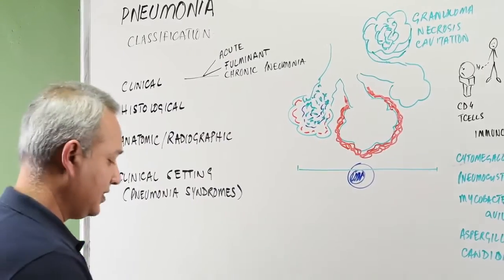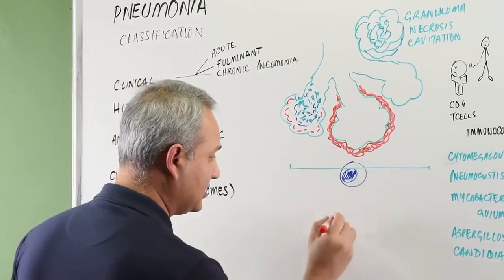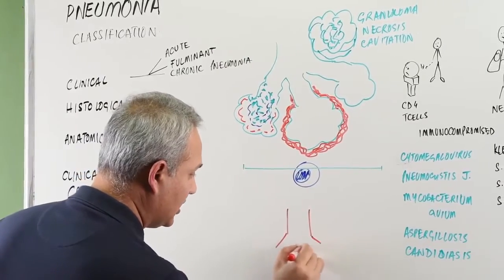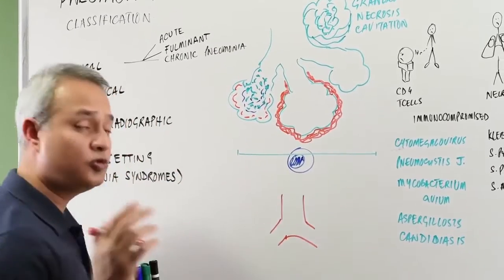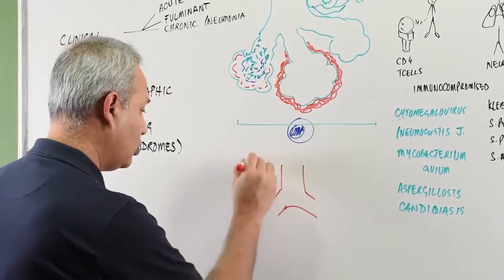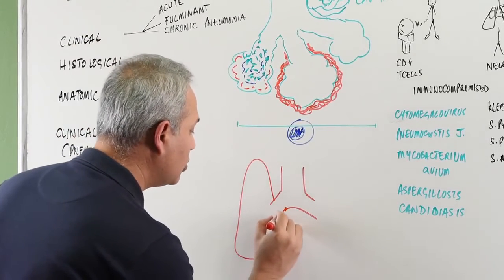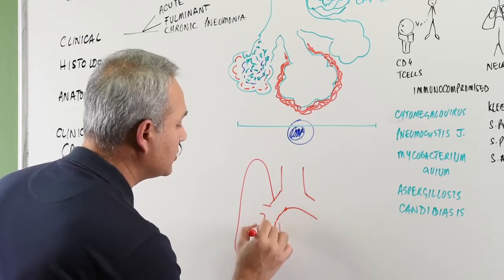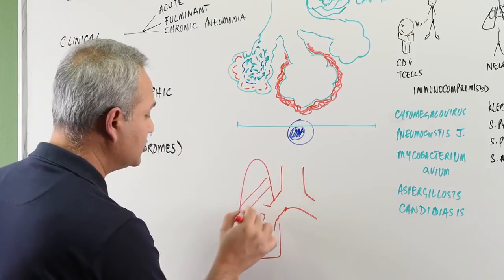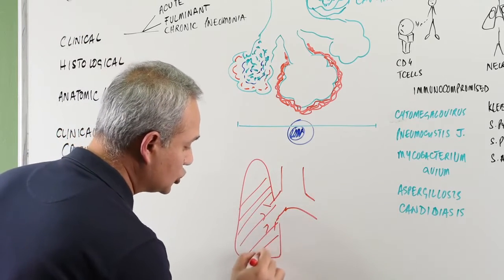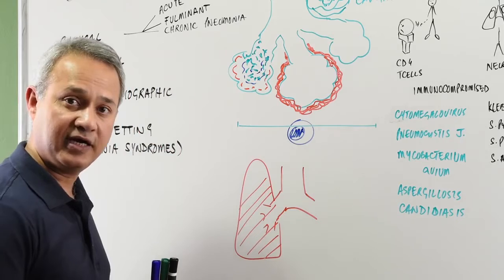What is that? Very commonly seen. Here there are two basic types. One type is where more than one lobe of the lung is consolidated or affected by pneumonia.